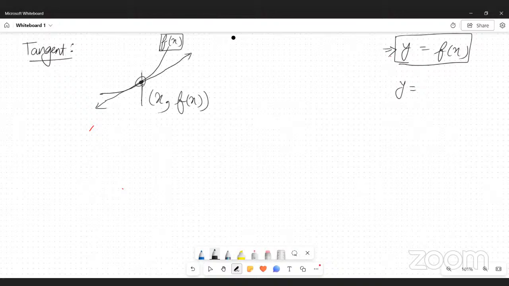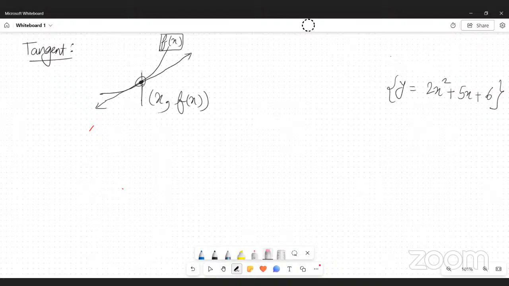Yes, you can tell a polynomial, polynomials are easy also. 2x square plus 5x plus 6. Great. So I am assuming, as Bhavna has told me, I will assume y to be this.